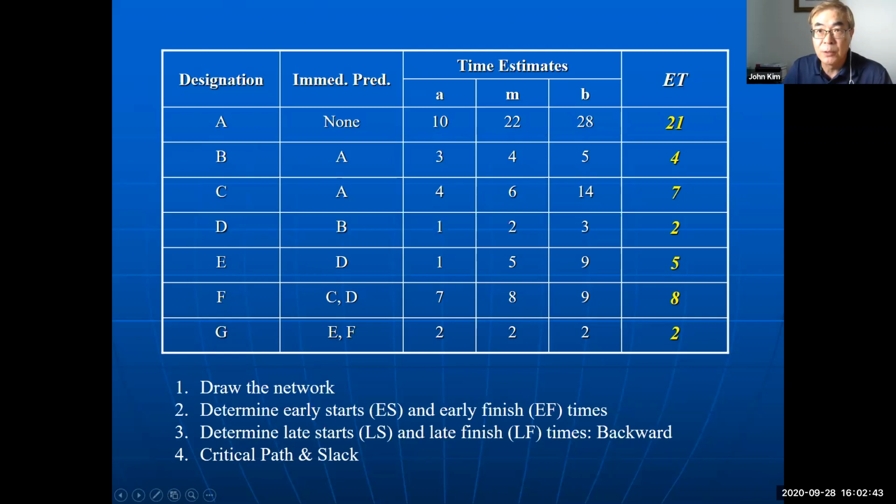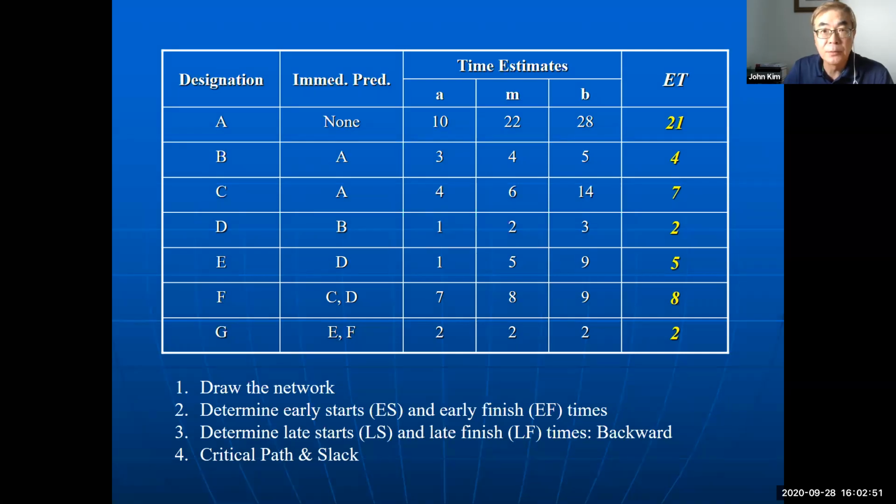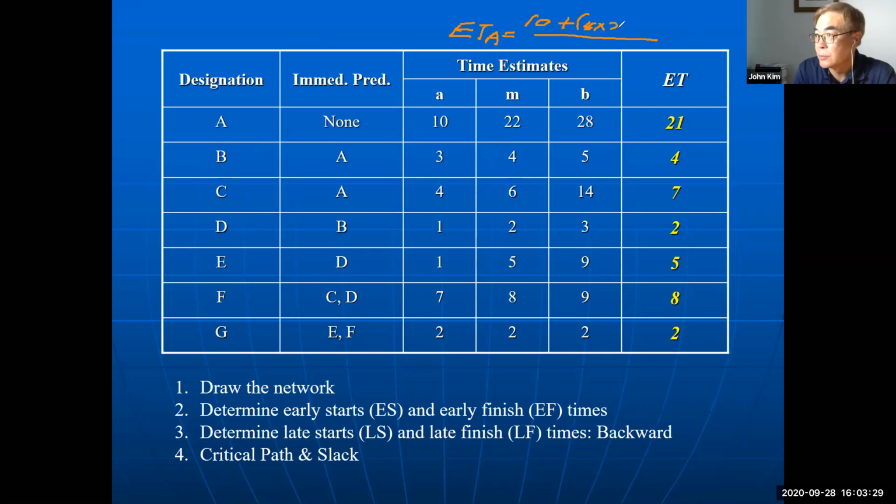I will show how we can calculate. Expected time for activity A equals A is 10, plus 4 times 22, this is M, plus B, 28.